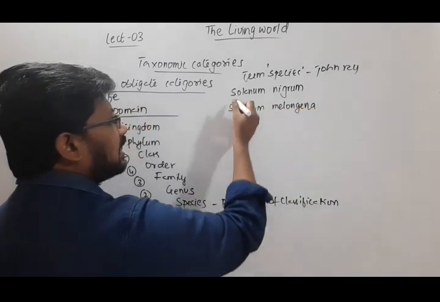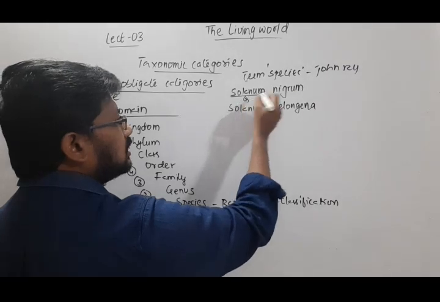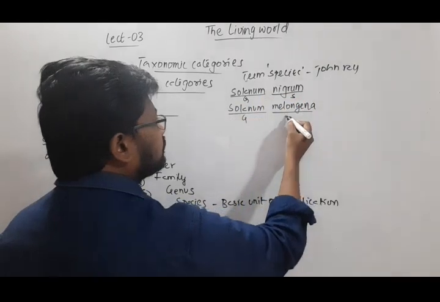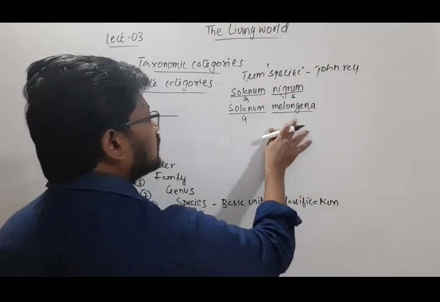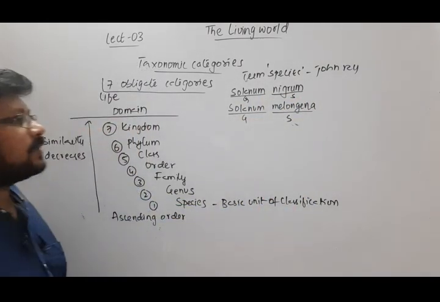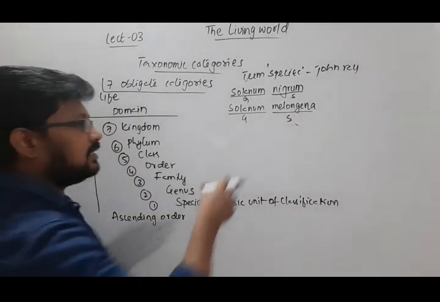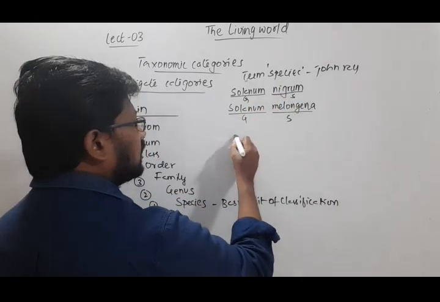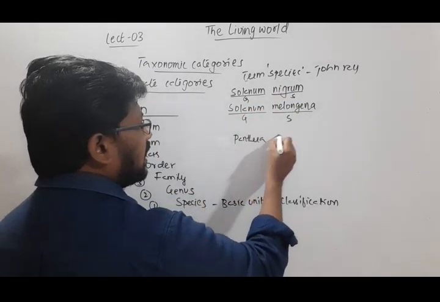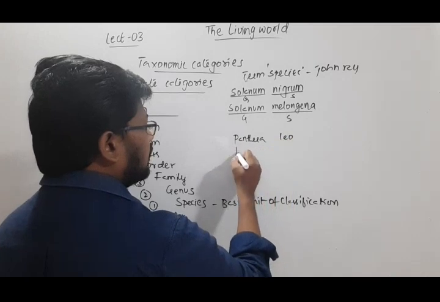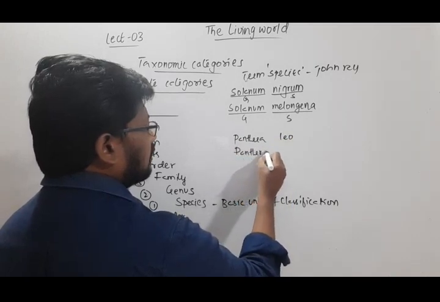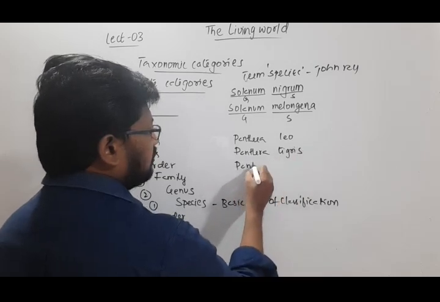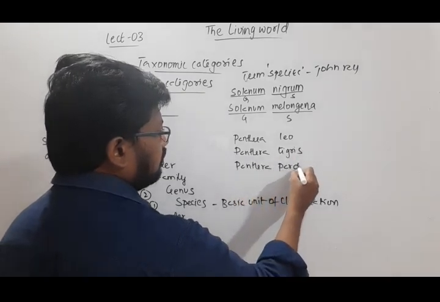In this case the first word denotes the genus and the second denotes the species. We also have this in animals, like Panthera leo, Panthera tigris, and Panthera pardus.